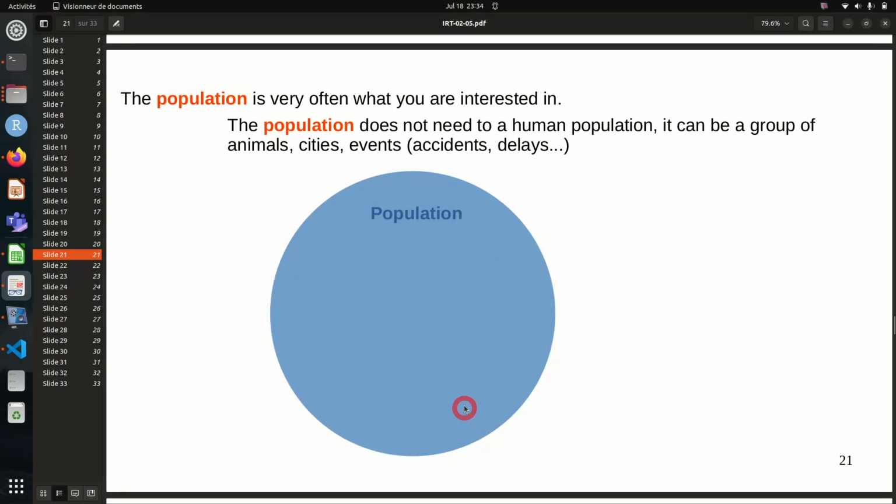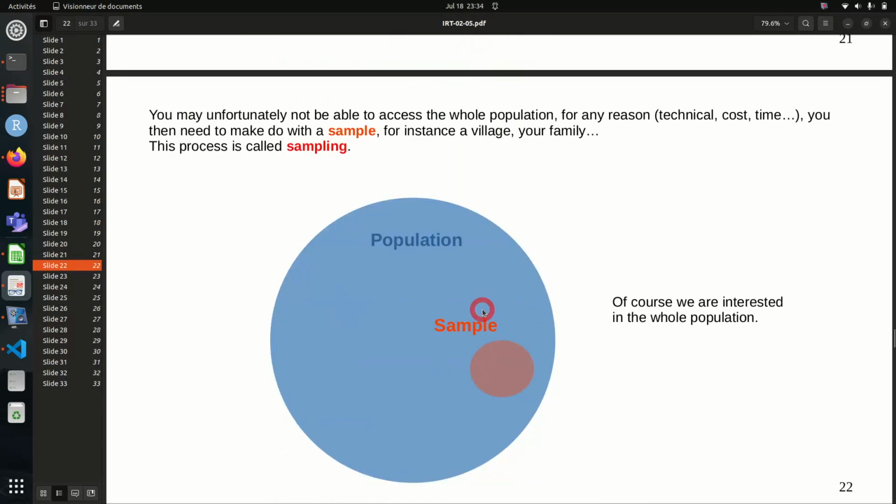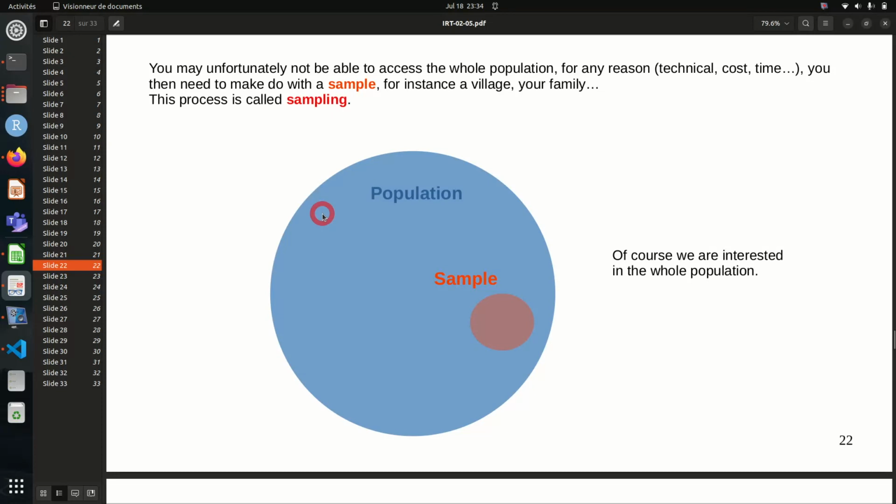And it is this population that we are interested in, in statistics. So for instance, we are interested in all the villages in Afghanistan. Because we are interested in all the villages does not mean that we are able to investigate all these villages, because sometimes we cannot access them, we don't have enough time or people to go in.